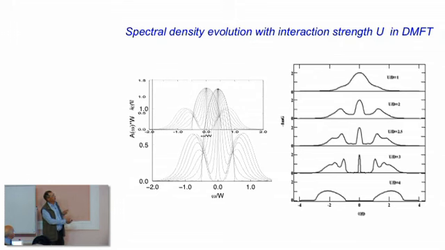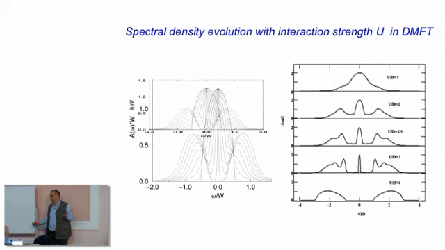That is how the evolution looks for the Hubbard model. First, weakly correlated, when U is very small, we have just quasi-particle bands. For very large U, we have Hubbard bands, but the most interesting part is in the middle. The Mott insulator transition happens with spectral weight transfer from the quasi-particle band to the Hubbard bands.